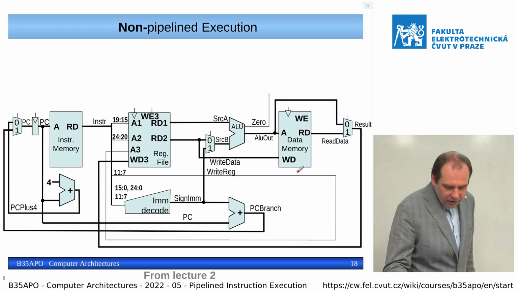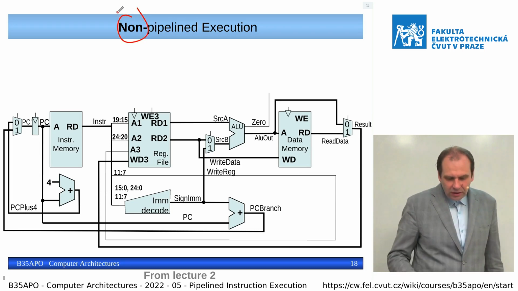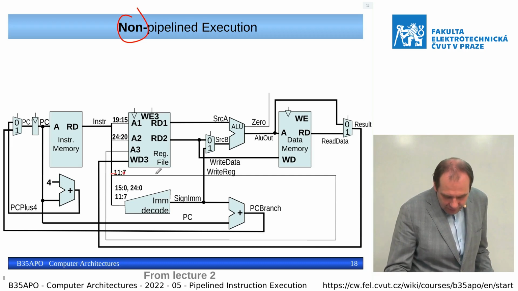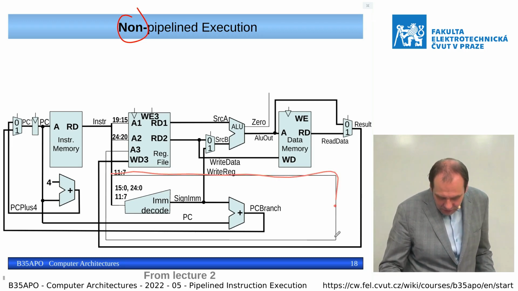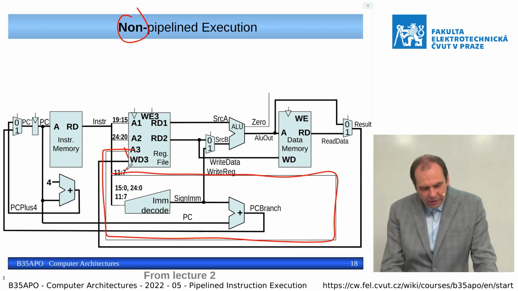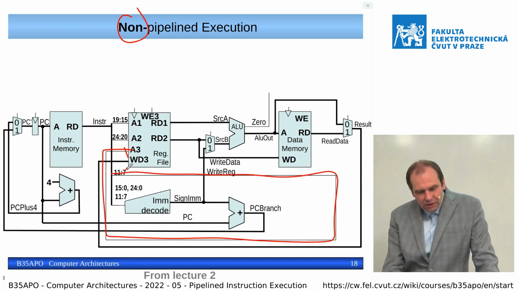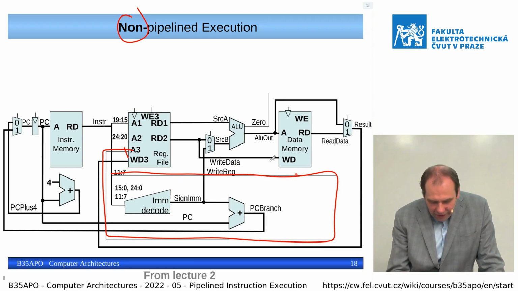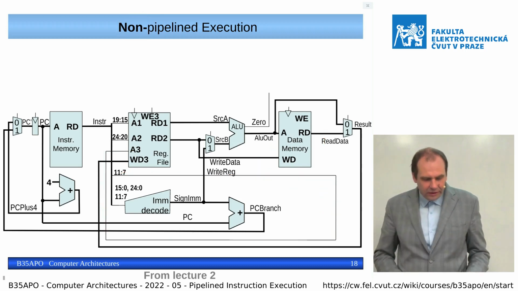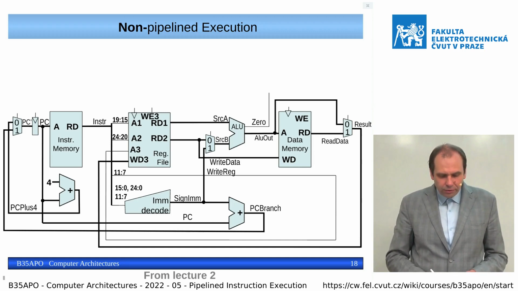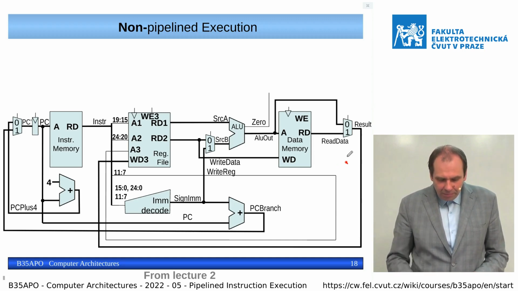So we have there a non-pipeline version, as we have seen in the previous lecture, except that we provide the actual target register address, destination register address, as this long wire which goes together with the data which we want to store to given register. And now we try to divide the CPU to those multiple pipeline stages.